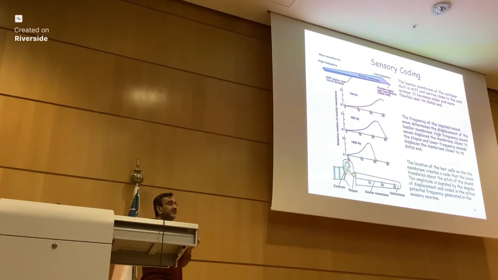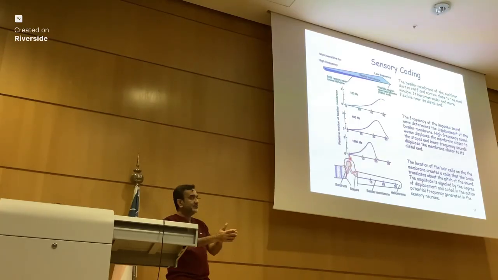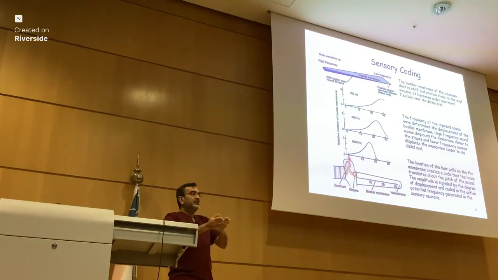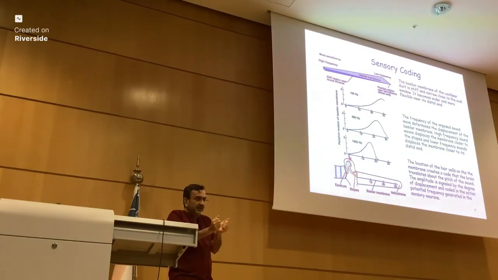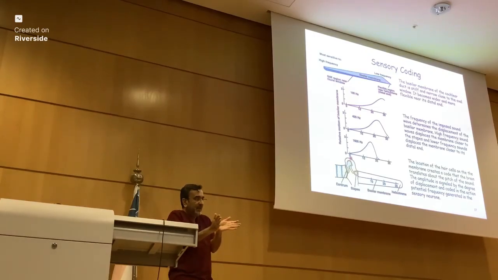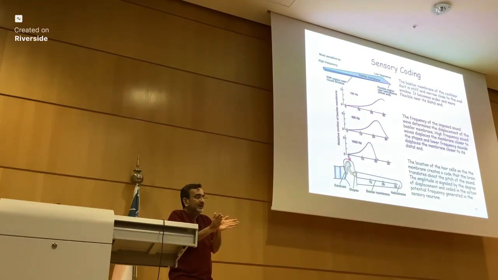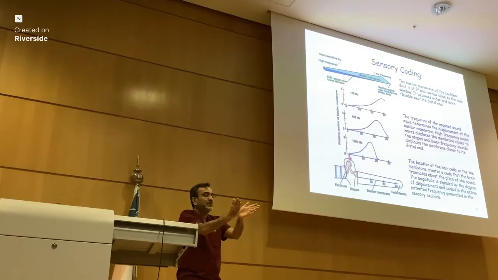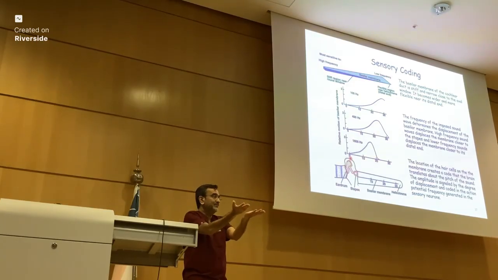If we see the basilar membrane on which the hair cells are lying, it is narrower and very tight near the base of the cochlea. As it goes towards the apex, it becomes wider and floppy.